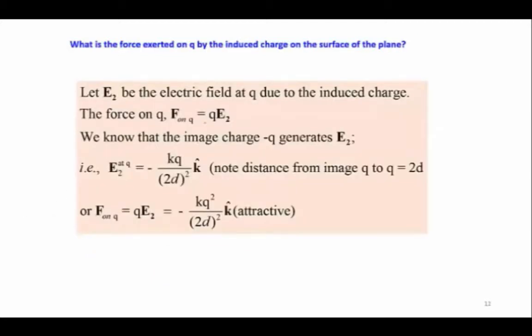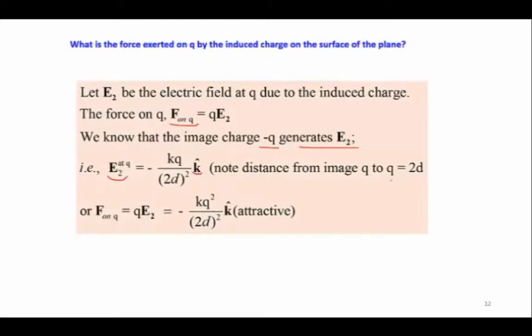Let's do the force. We look at the force on the charge q, and it's equal to q times the field due to the second charge, the minus q below the surface. So the image charge minus q is what generates E2. At the position of q, this field is equal to minus kq over (2d) squared times the unit vector k.